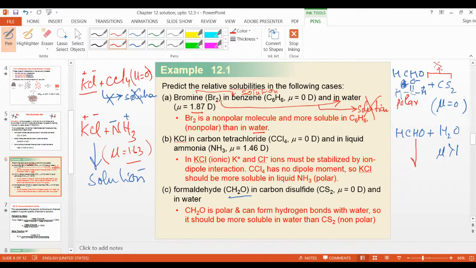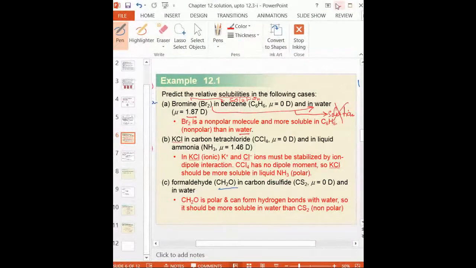And these two are both polar, so they will make a solution. Clear? Clear. Okay.